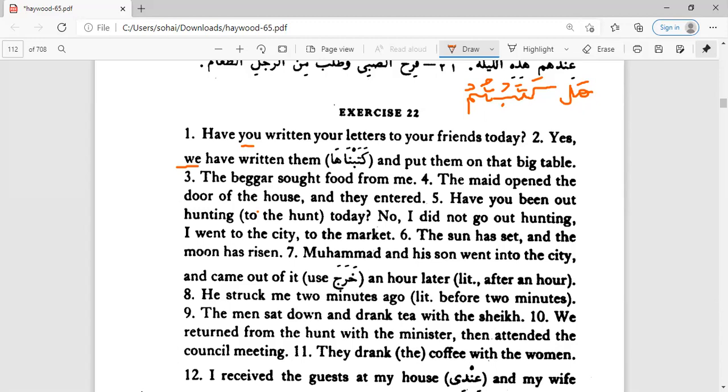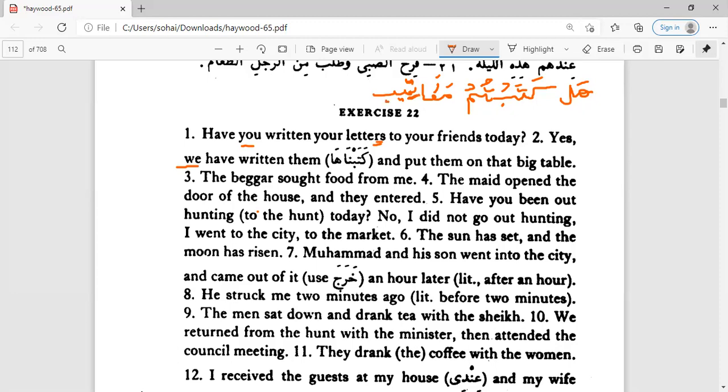Your letters. So letters is plural. Singular is maktubun. Plural is makatibu. Makatibu, which is normally, just to remind you, a diptote. Is it makatibu?